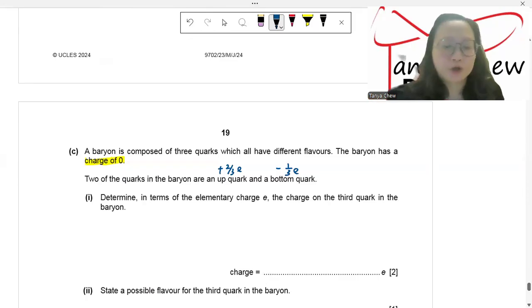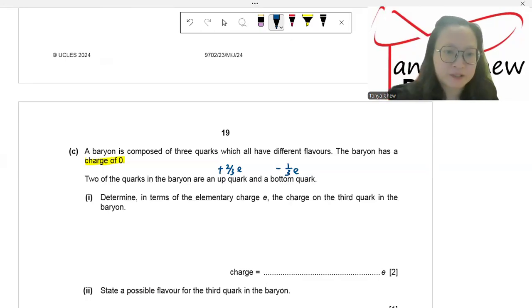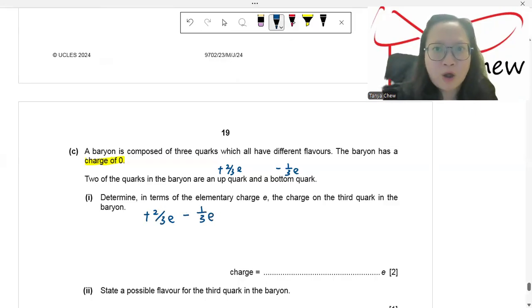Now, first part, determine in terms of the elementary charge e the charge on the third quark in the baryon. Remember, the baryon must give rise to 0 charge. So plus 2/3 minus 1/3. 2 minus 1, I still have 1/3 left. So I have to put in brackets minus another 1/3 e, in order for me to get the whole charge equal to 0.